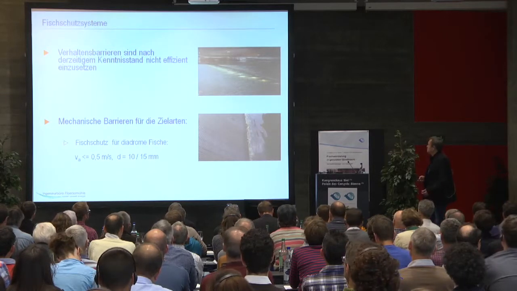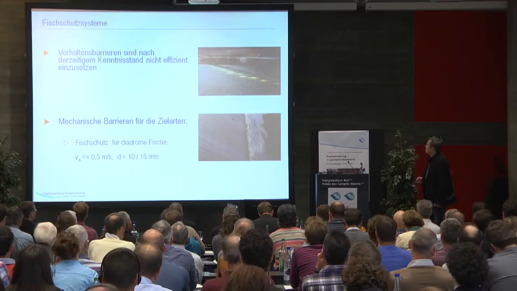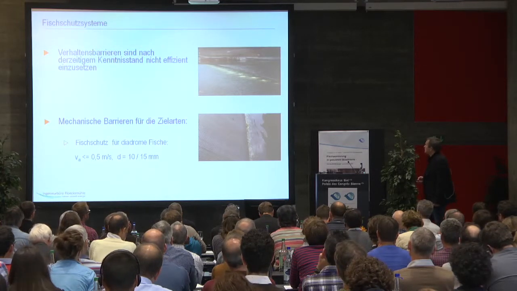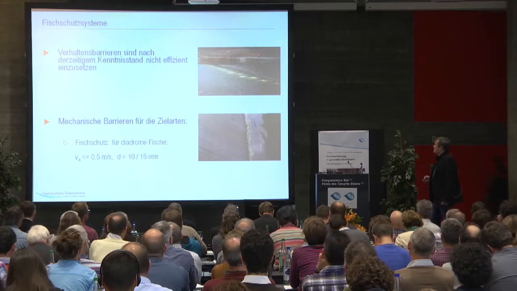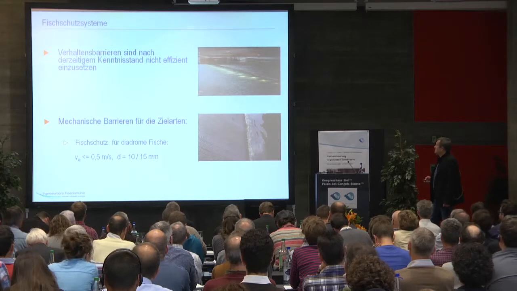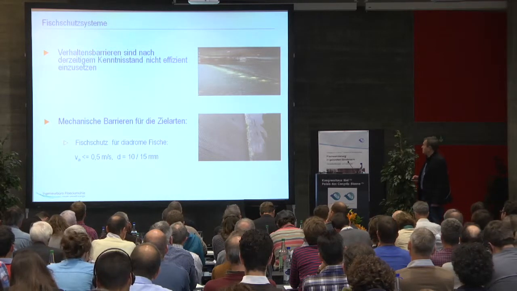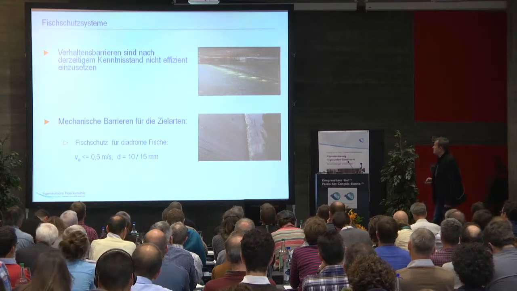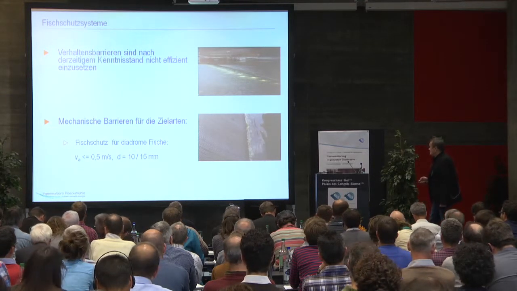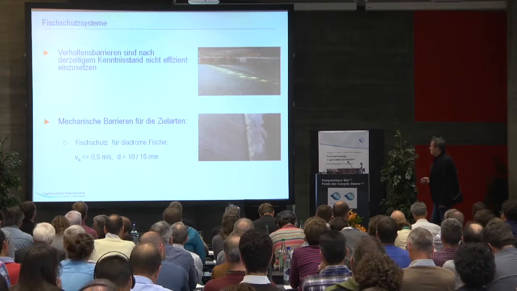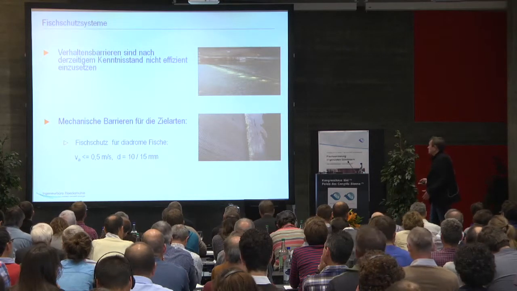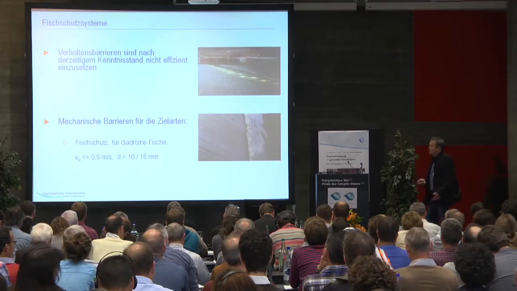Now, regarding fish protection facilities for smaller hydroelectric power stations, I want to focus on barriers, mainly behavioral barriers through optical and acoustic methods. They try to hinder fish from entering certain facilities. And we know that at the moment they cannot efficiently be used, and this is why we currently focus on mechanical solutions for smaller hydroelectric power stations and then scale them up or down to work for the individual power stations.